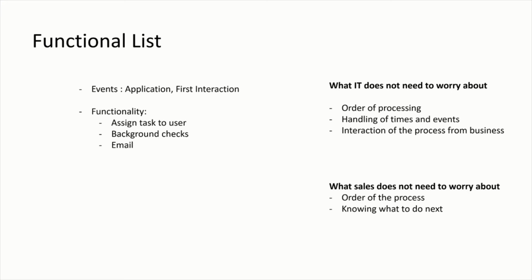But what IT doesn't need to care about, what they don't need to waste their time on, is the order of process. Many times, changing the order of process in software is a lot more complicated than you think. Adding a simple timer, changing the sequence of events, controlling the states, saving the states, all this information is very time consuming in development, and it's quite overlooked.